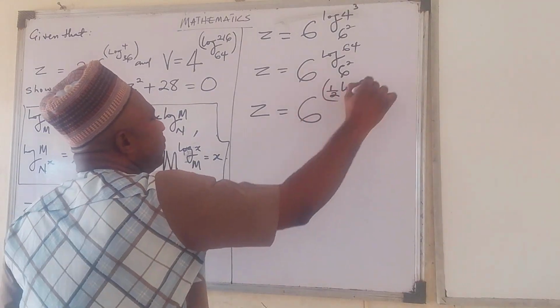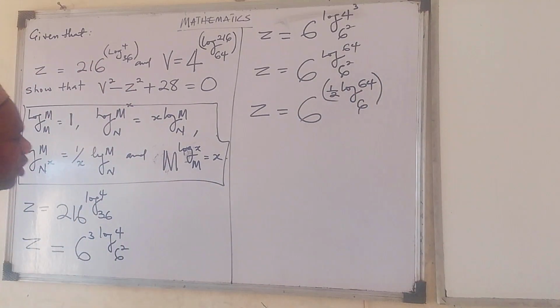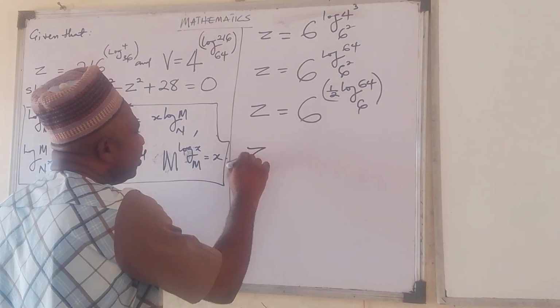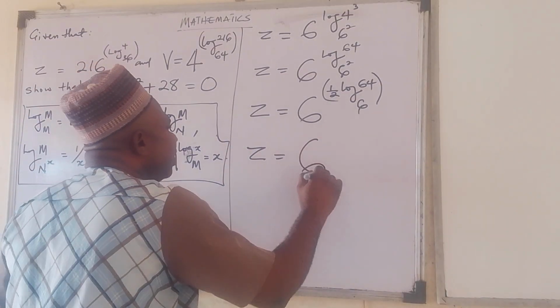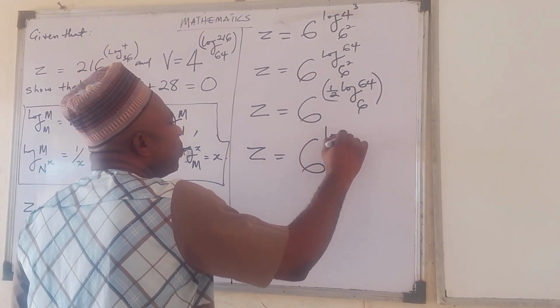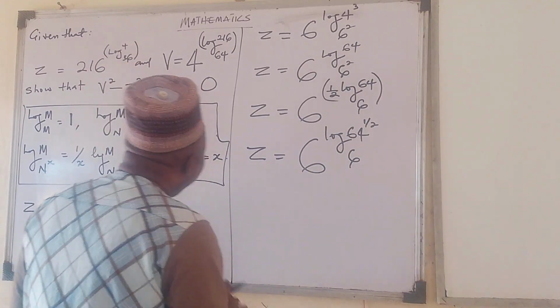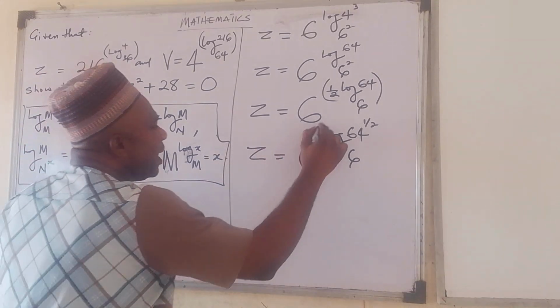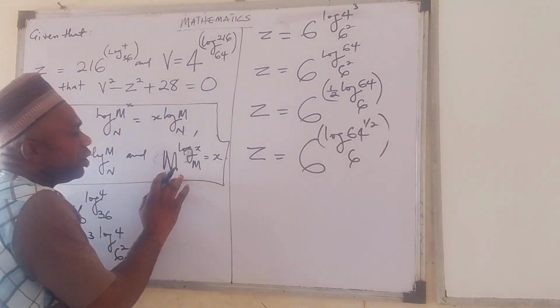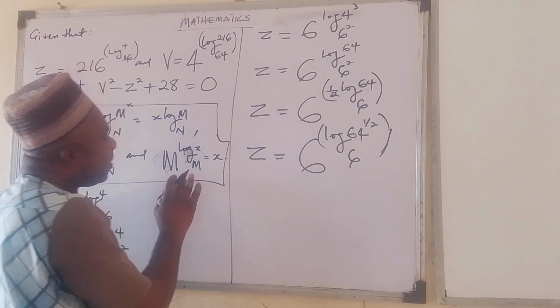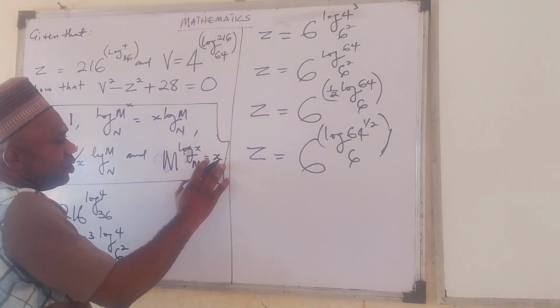And this is the same thing as saying z is equal to 6 raised to the power of log 64 raised to the power of half, base 6. Now, applying the law that m raised to the power of log x base m is equal to x.